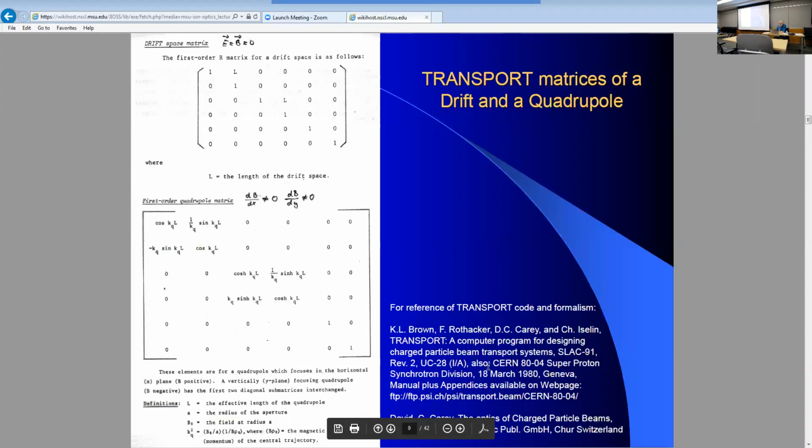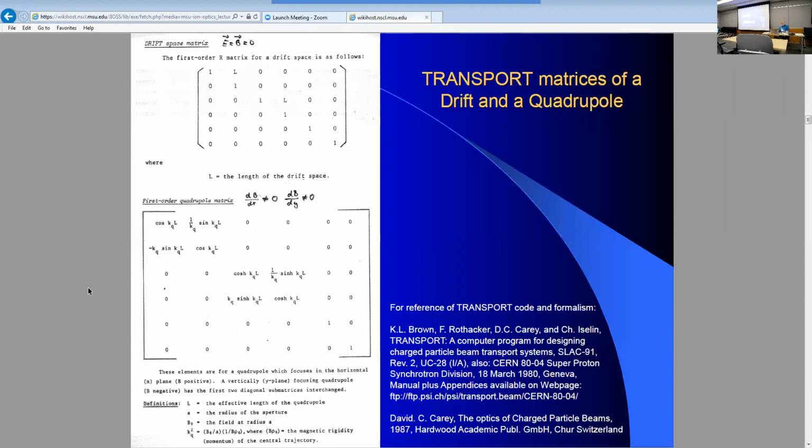So these are examples just to show you how these matrices look. For the simple ones, like in TRANSPORT, you can figure out by geometry how to do them. For higher orders, you need to do something more elaborate and probably run a code to find those.